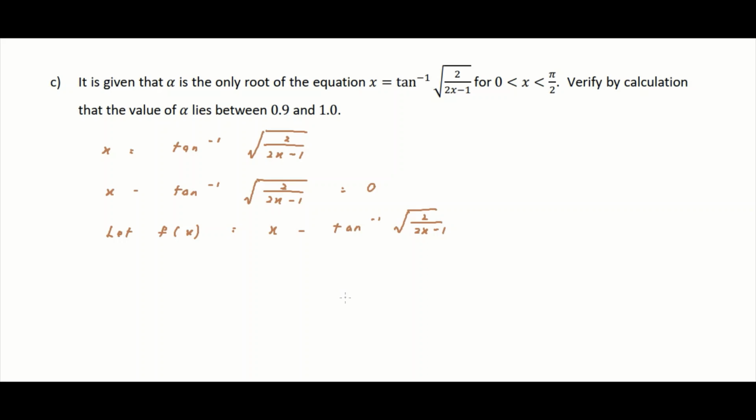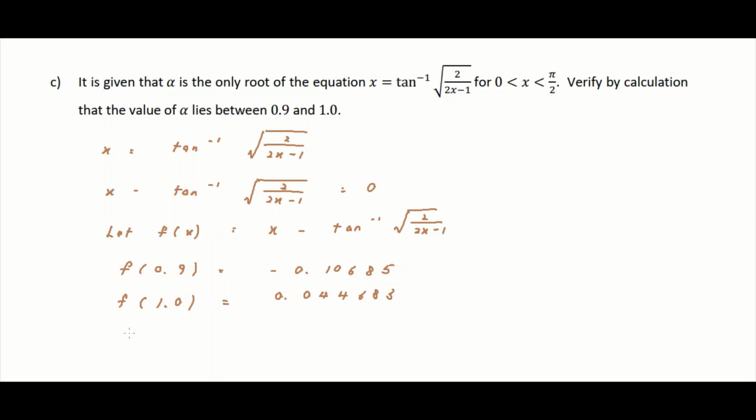Now we can start our substitution. Let's start from 0.9. So f of 0.9, when you substitute in the function, you will get -0.10685. Please try to check it with your calculator. Continue with 1.0. You'll be able to get 0.044683. You can see that you have a different sign, which means it's proved, right?